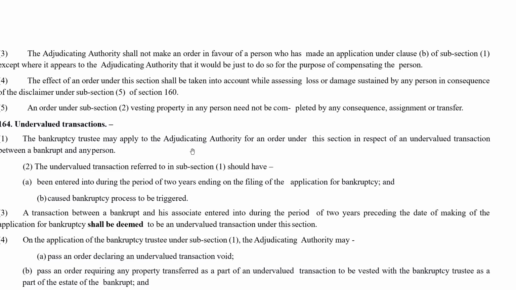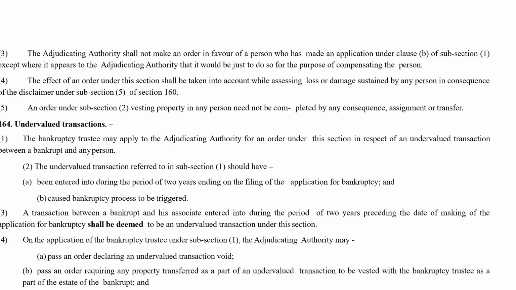The bankruptcy trustee may apply to the adjudicating authority for an order of this section in respect of an undervalued transaction between a bankrupt and any person. The undervalued transaction should have been entered into during the period of 2 years ending on the filing of the application for bankruptcy. But there the period is 2 years or 1 year preceding the insolvency commencement date, section 45 and 46.